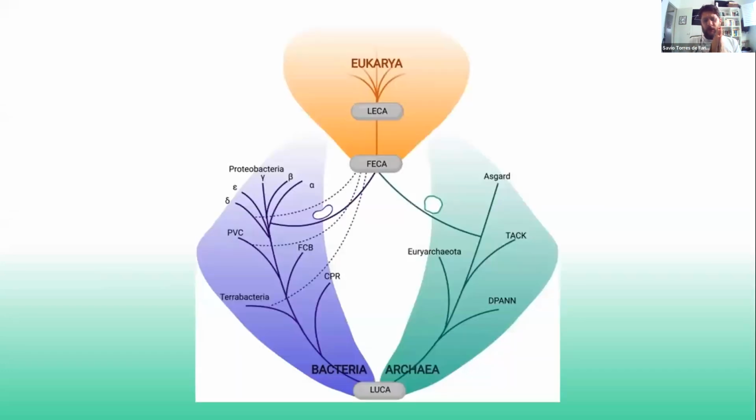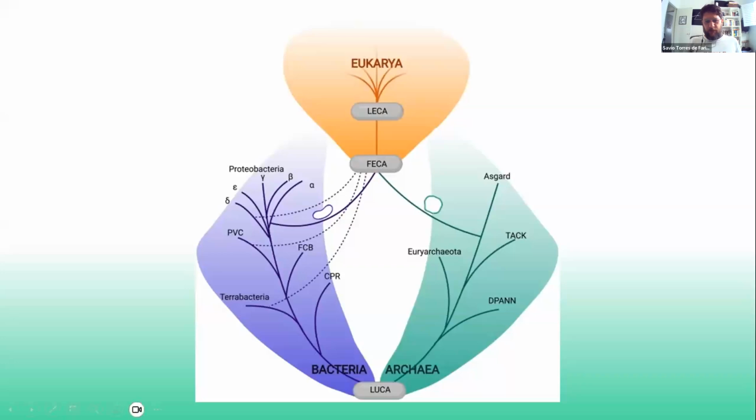Today, when I look at the basal biological organization, we can see that we have two basal lineages composed of Archaea and bacteria, and a derivative lineage composed of Eukarya.